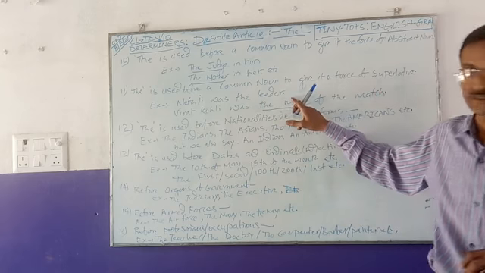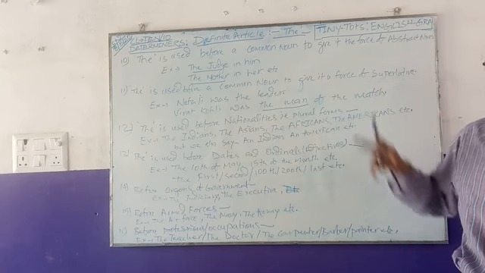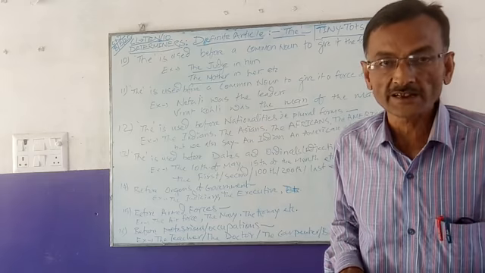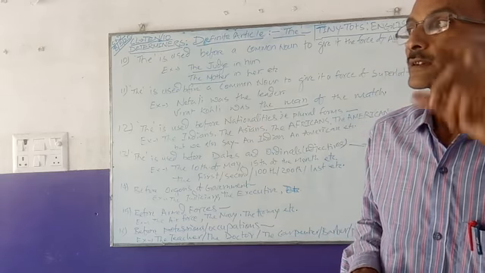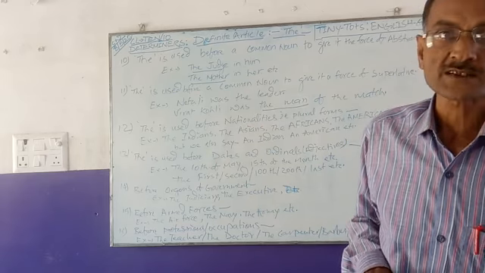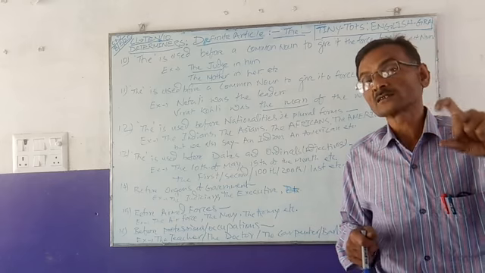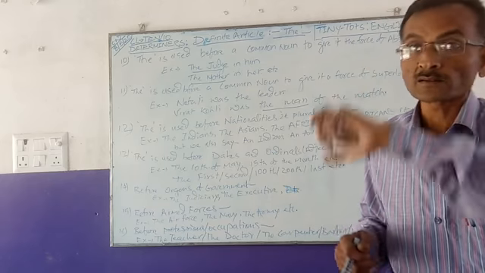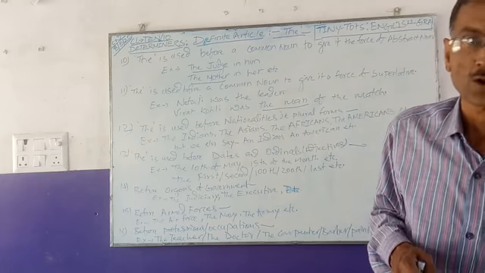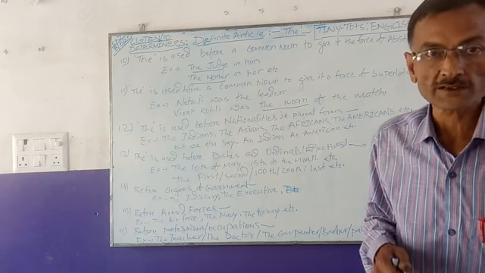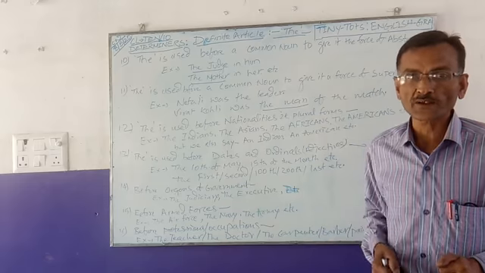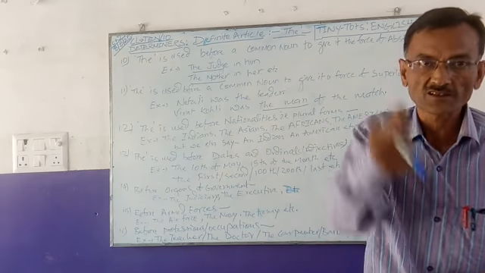Netaji was the leader. Since there were many leaders in the Indian independence movement, many sacrificed their lives, but Netaji's example was exclusive out of all these freedom fighters. So to notify that, we use the definite article the.